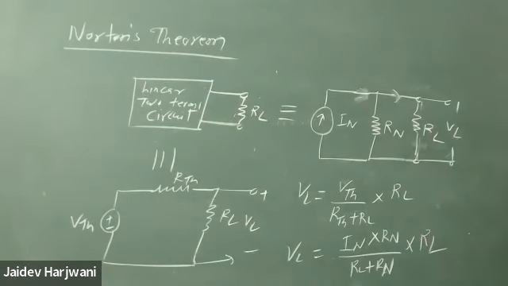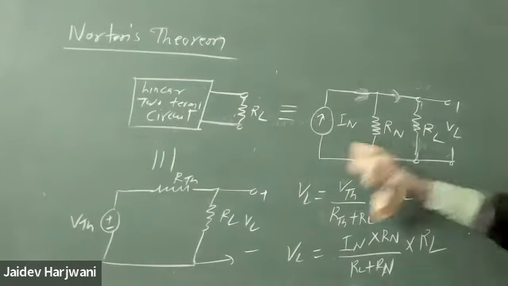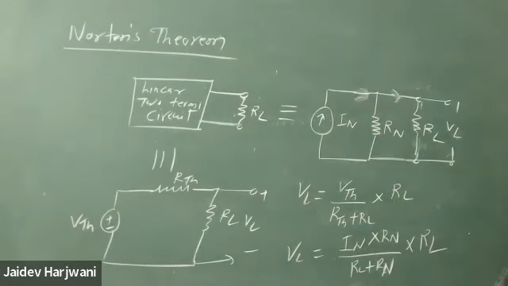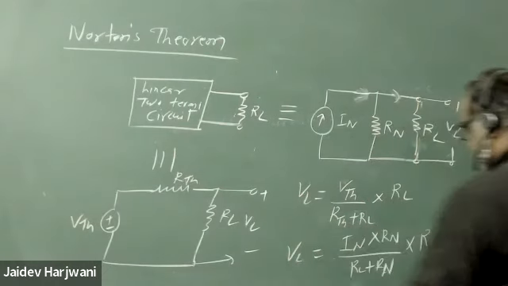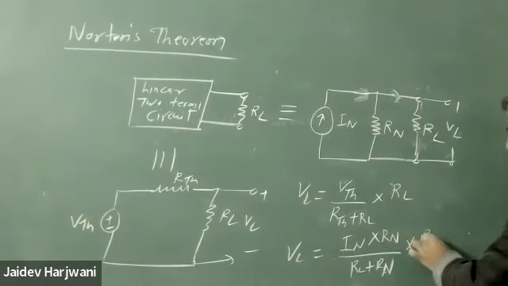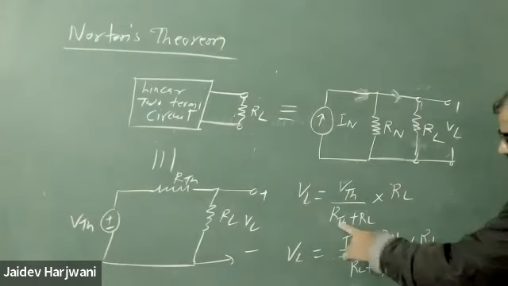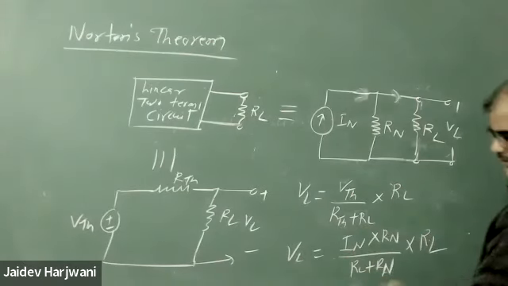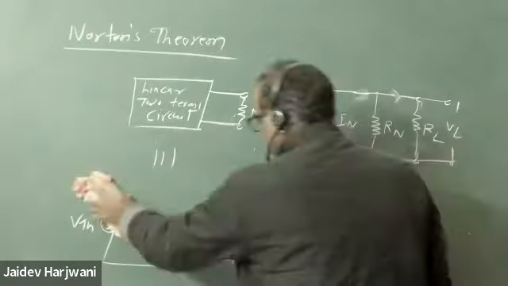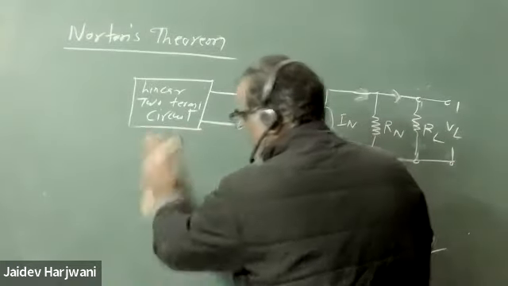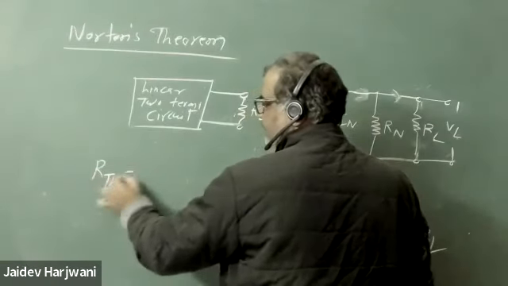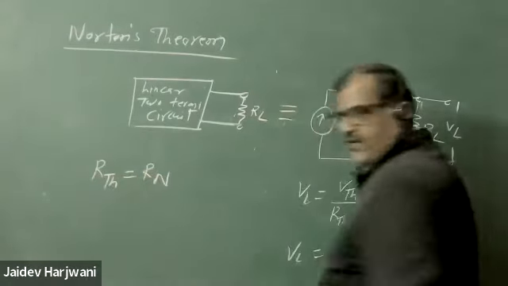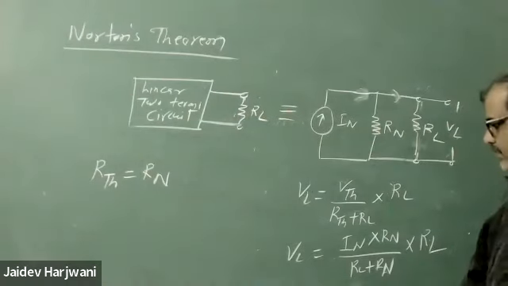Now if these two circuits are equivalent, these voltages should be equivalent. That means RL is the same, so R Thevenin should be equal to RN, and we are measuring them in the same way. Obviously, R Thevenin and RN are the same.